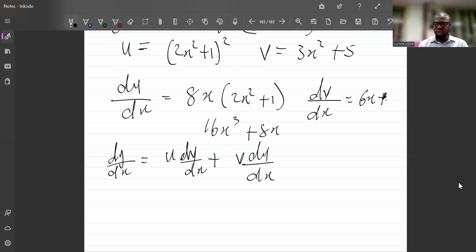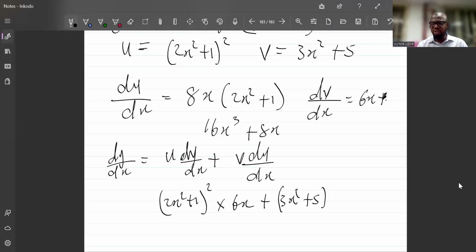My u is (2x squared plus 1) raised to power 2, multiplied by what I get when I differentiate v, 6x, plus v, which is 3x squared plus 5, multiplied by what I get when I differentiate u, which is 16x raised to power 3 plus 8x.